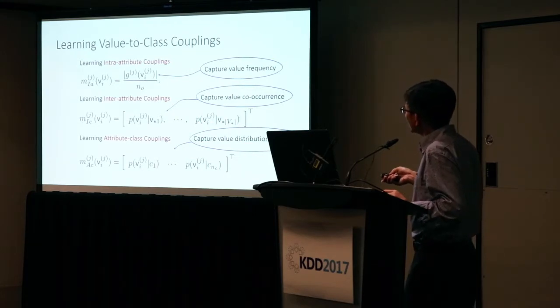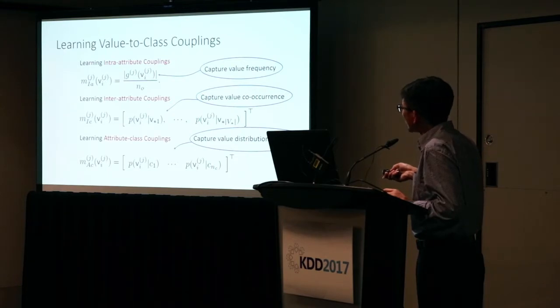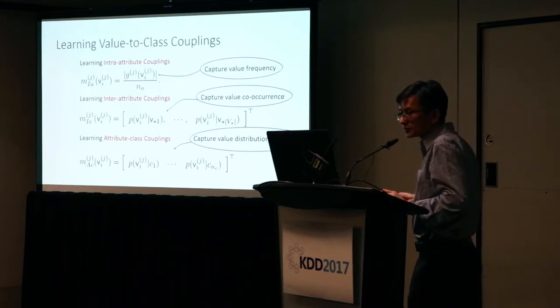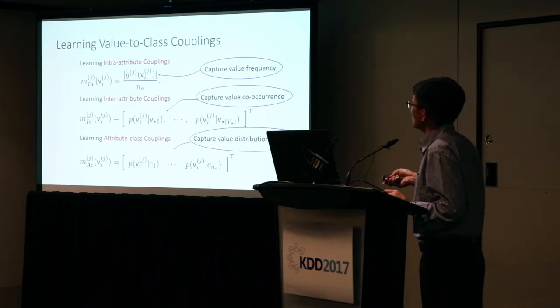And also the inter-attribute coupling will be much more complicated. Here you consider the Vij conditional on all other values, which means the other values actually have an impact on this Vij, which is measured by this inter-attribute coupling. Make sense?